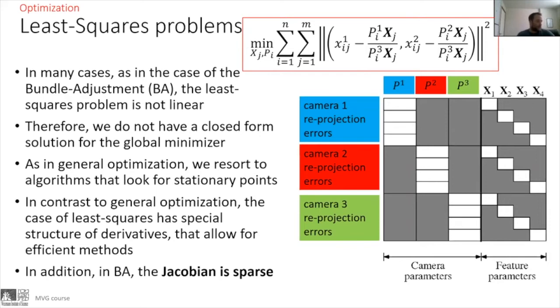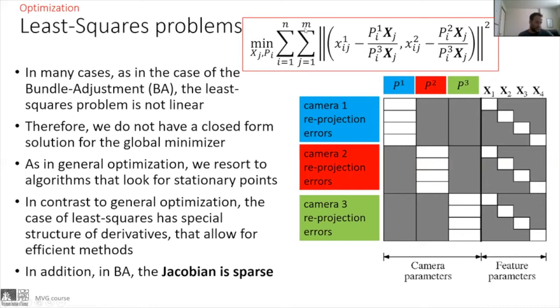Another property of bundle adjustment is that the Jacobian, the first derivative of the objective, which we'll define also in a few slides, is very sparse. This is because we have a lot of parameters, right? In the projective case, we have 3 times the 3D point plus 11 times the number of cameras.